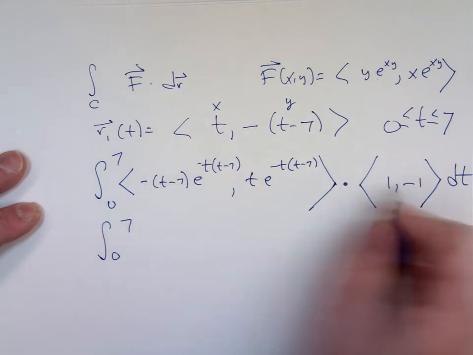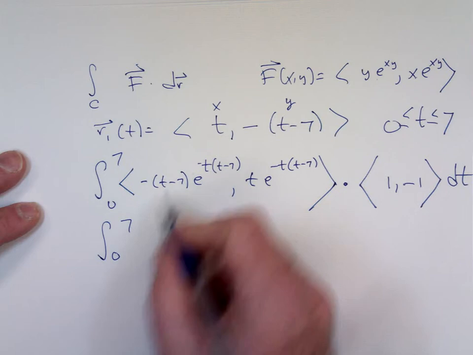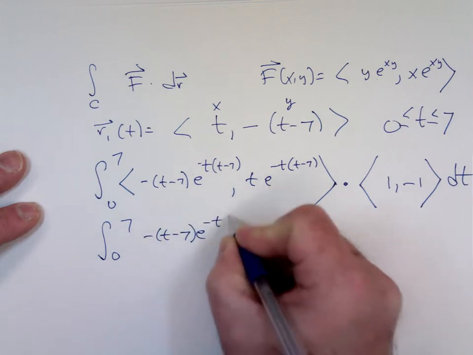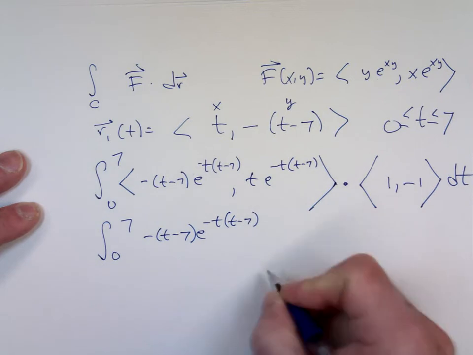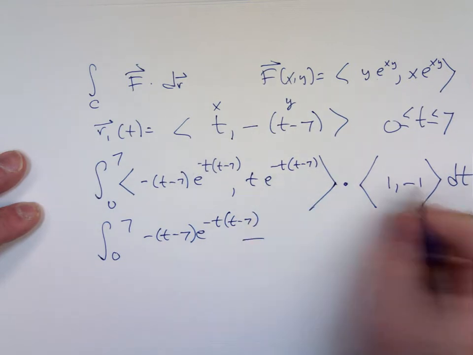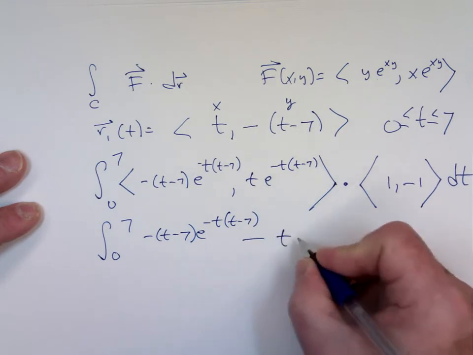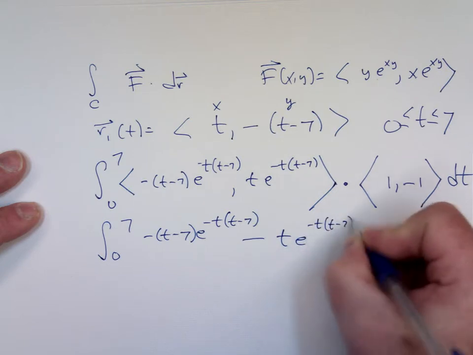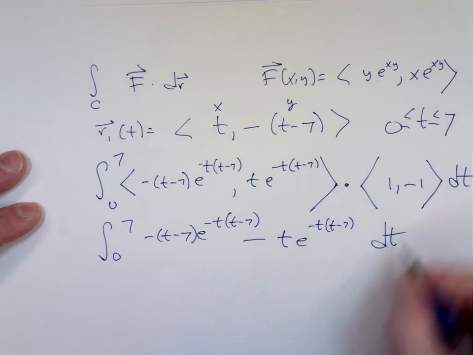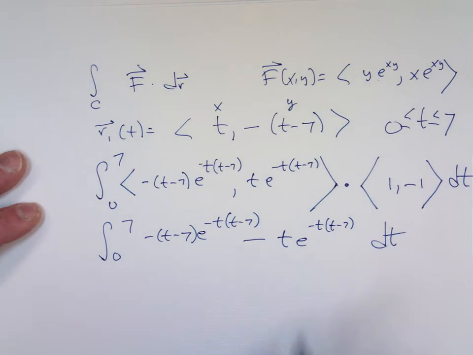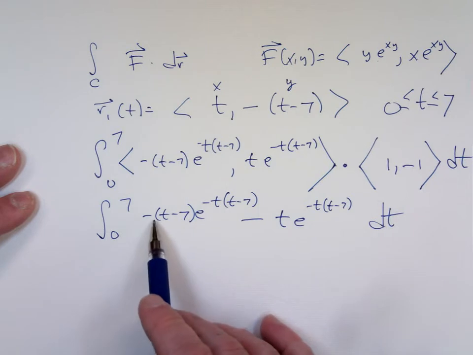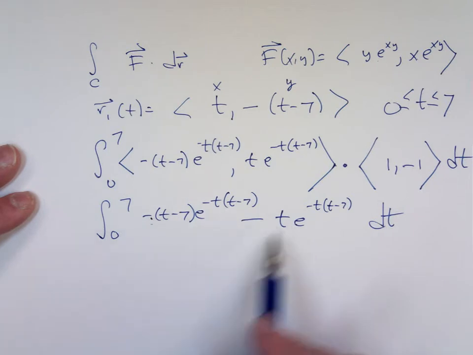So you get 1 times this minus this. This is bad. dt. Yeah, this is bleakness. I was hoping that something would cancel out here, but it doesn't even cancel out.